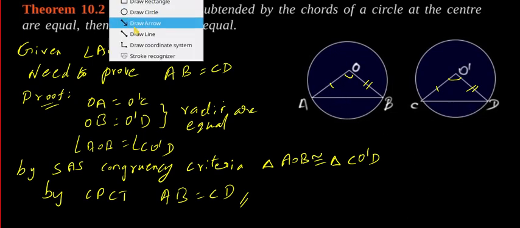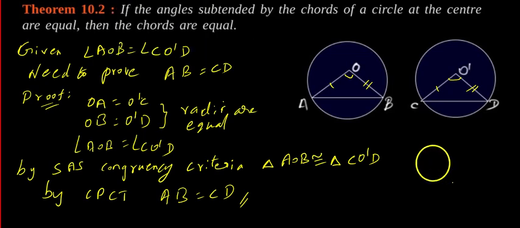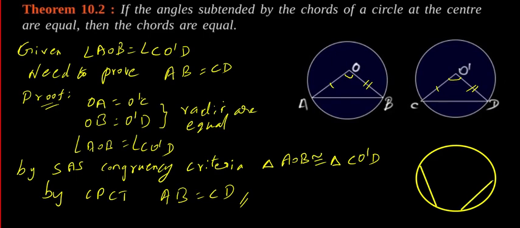So if we take a circle and take two chords in the same circle with the center O, and angles subtended at the center are equal, we can say the chords are equal.